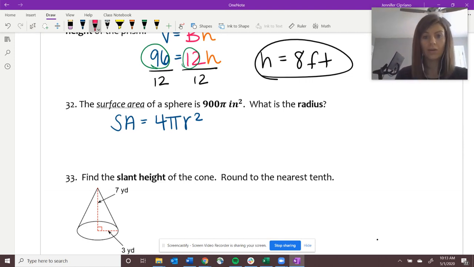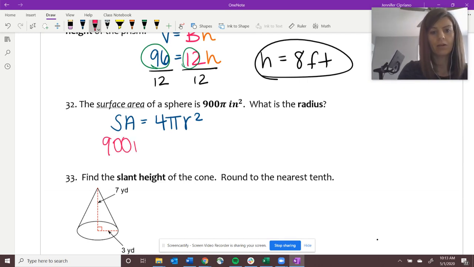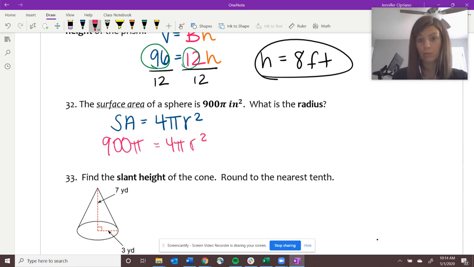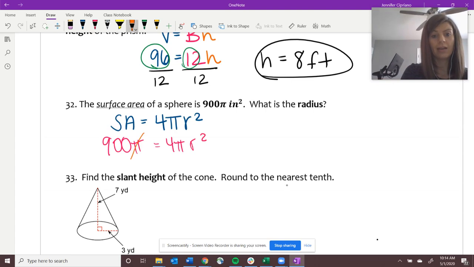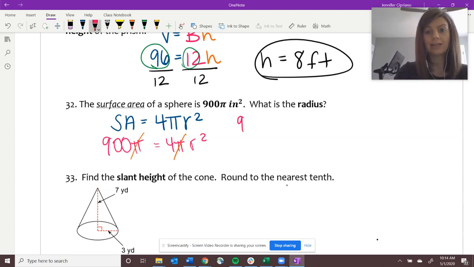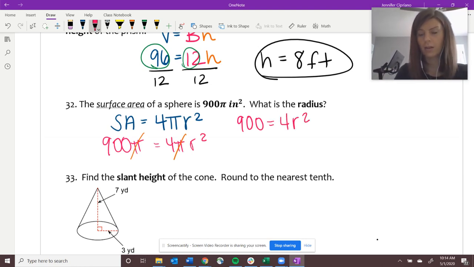We were told that the surface area is 900 pi. It is important that you put the pi in because that's actually going to cancel and make this problem a whole lot easier. Because there's a pi on both sides of our equation, we can just divide it away and it's going to cancel out. So now our equation is 900 equals 4r squared.